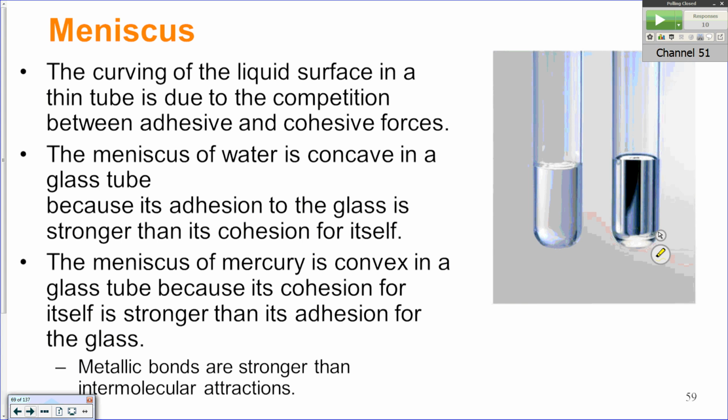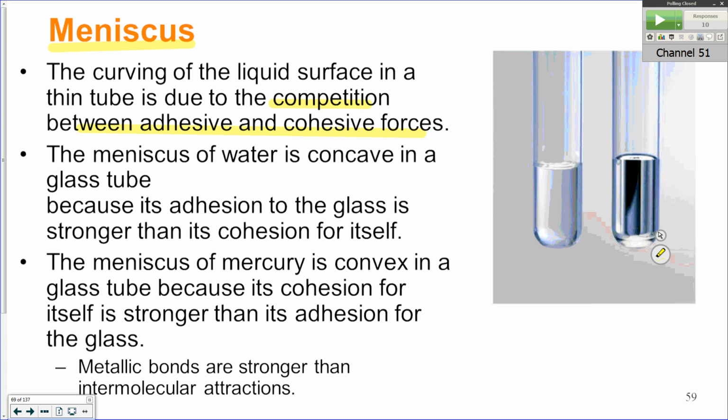We also can look at the surface, and we can learn a lot about the magnitude of those forces by studying the surface of the liquid inside that tube, which is called the meniscus. The shape of that meniscus tells us something about the competition between the cohesive and adhesive forces.